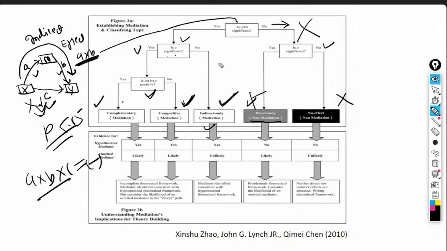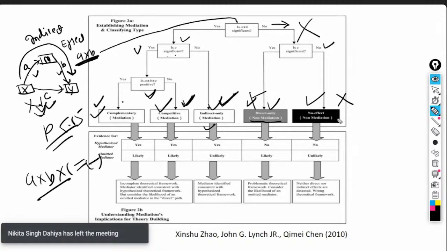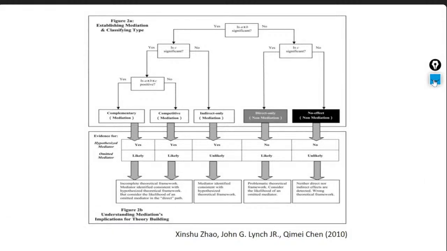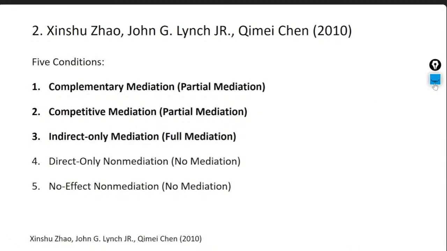Now Zhao et al. divided into 5 conditions: complementary mediation, competitive mediation, indirect only mediation, direct only non-mediation, no effect non-mediation. So there are 5 conditions. The complementary mediation and competitive mediation are both partial mediation.